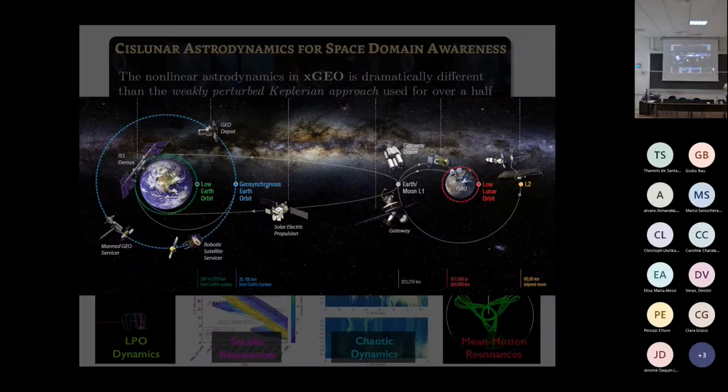And what is the connection between how you transfer strong mean motion resonances, which are going to be used for constellations of satellites in the near future as parking orbits for lunar exploration and the like? How do we connect the dynamics of these libration point orbits and the different multi-time scale dynamics involved? Of course, this is very important because of the future development. So that's a very large regime to cover.